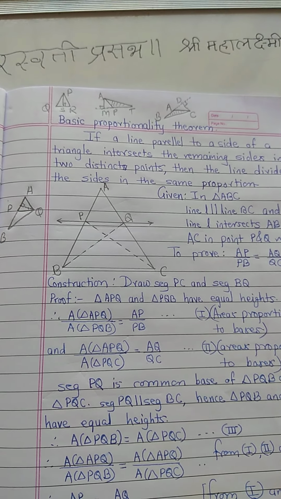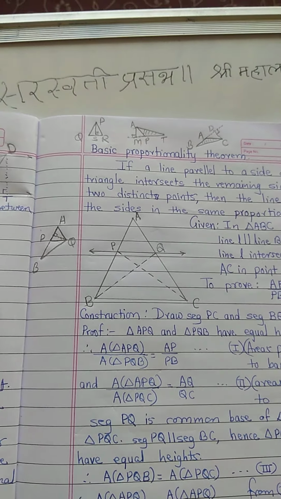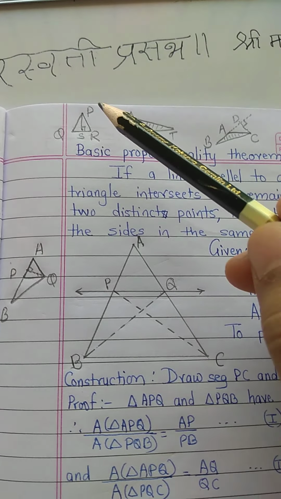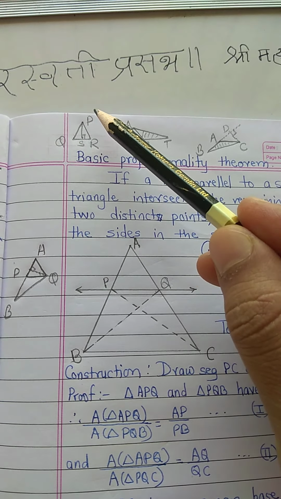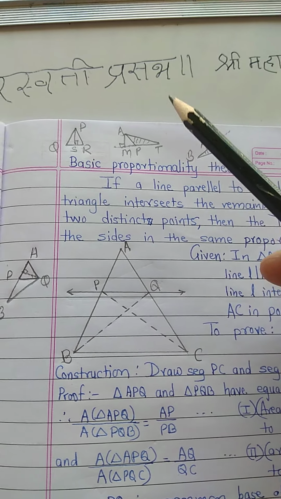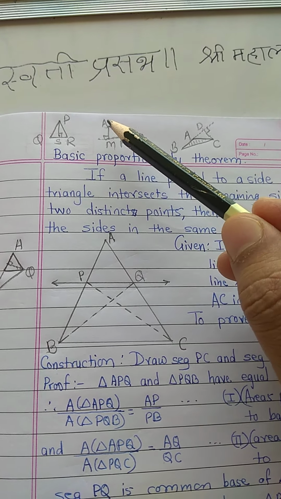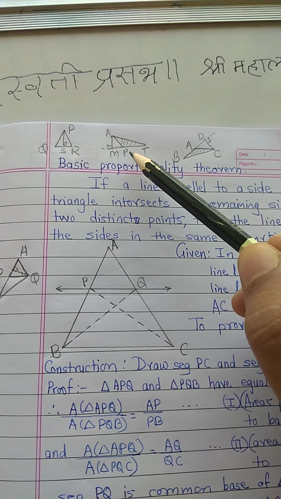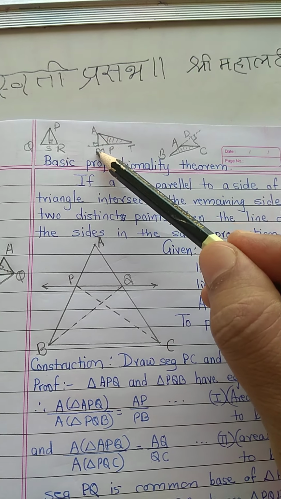For getting the concept of this common height, let us see here. For this triangle PQR, base is QR and PS is the height. For this triangle APT, base is PT, height is AM.